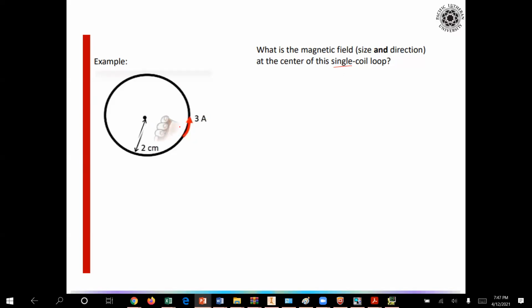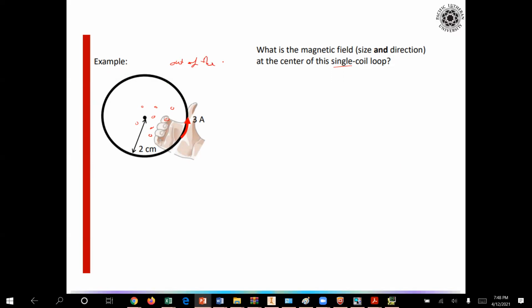Okay, let's see our right-hand rule. Here our thumb points along the current, and in that case the magnetic field inside the loop points out, including the point at the center. So here it's going to point out of the page.